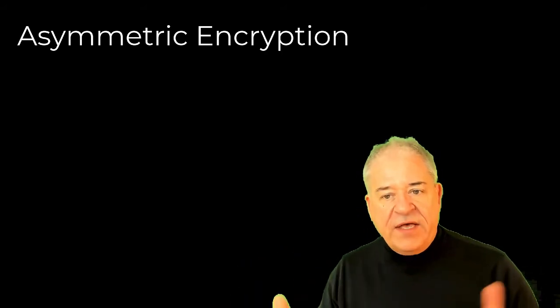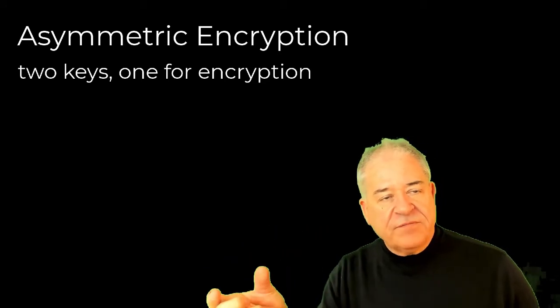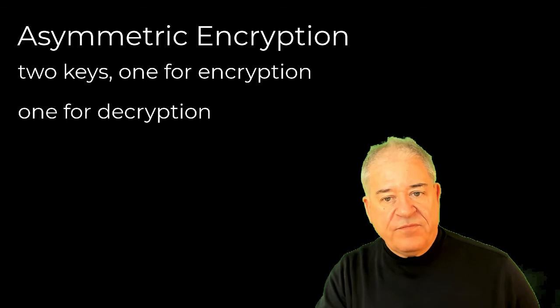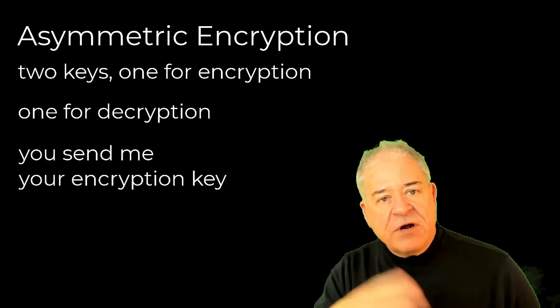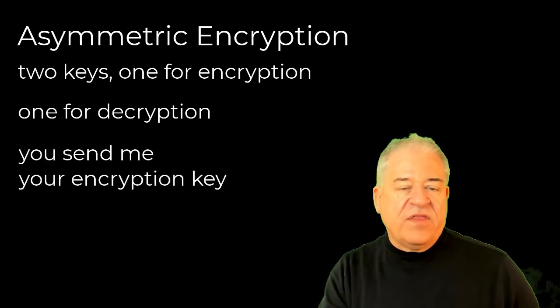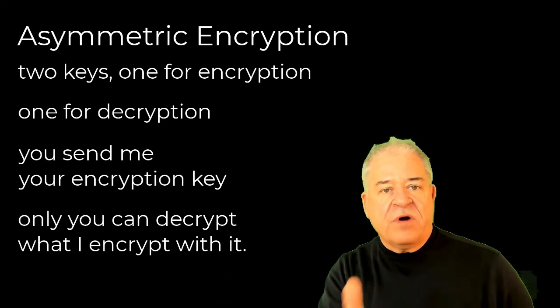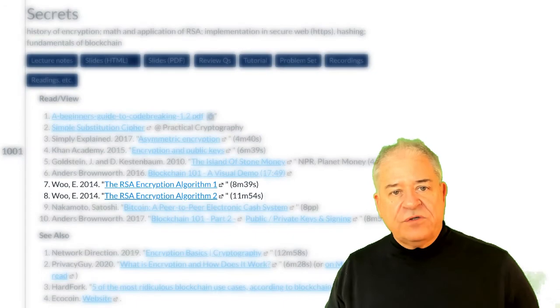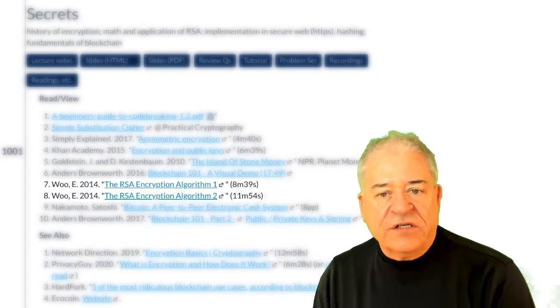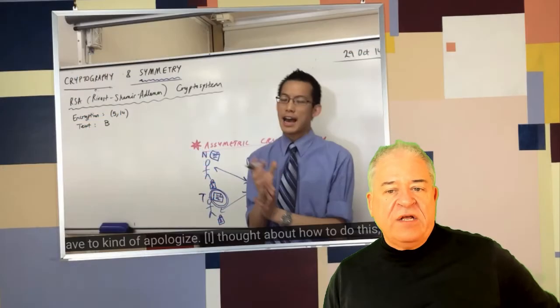So imagine an encryption technique that depends on two keys. Okay? One key for encryption and one key for decryption. If you send me your encryption key, then I can use that to encrypt a message which is meant for your eyes only. So the next two items on the reading list are two lectures by the incomparable Eddie Wu, a math teacher.